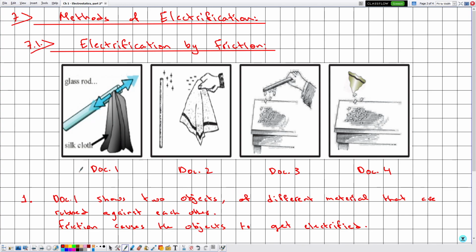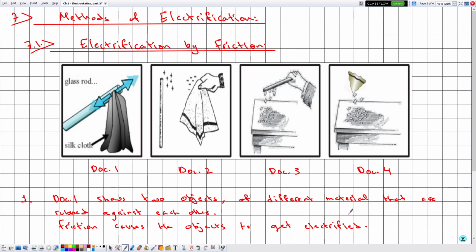Here we're discussing the methods of electrification, the processes which allow objects to get electrified. We brought two objects of different materials, the glass rod and the silk cloth, and we started rubbing them with each other. Then I'm claiming that both objects will become electrified.